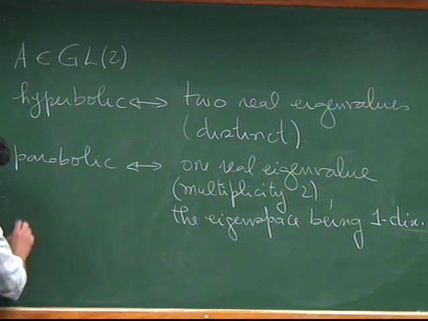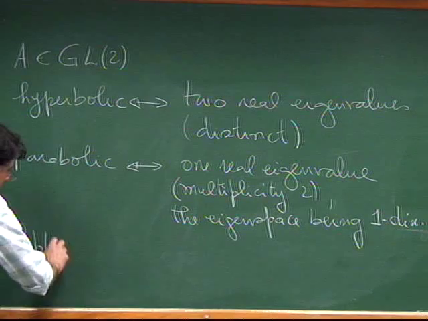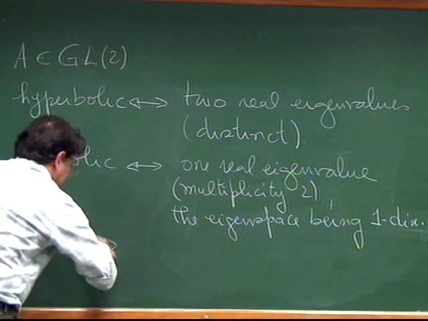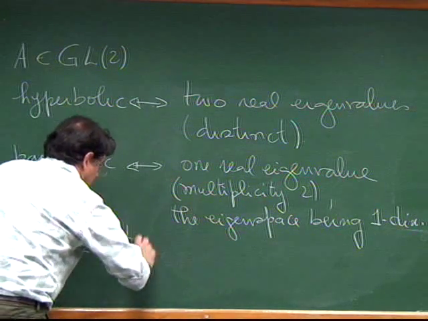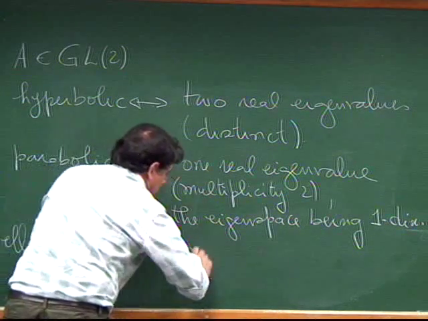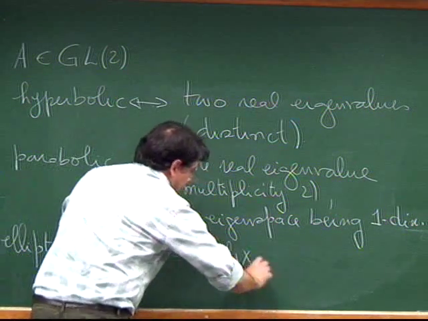The elliptic means 2 complex eigenvalues.